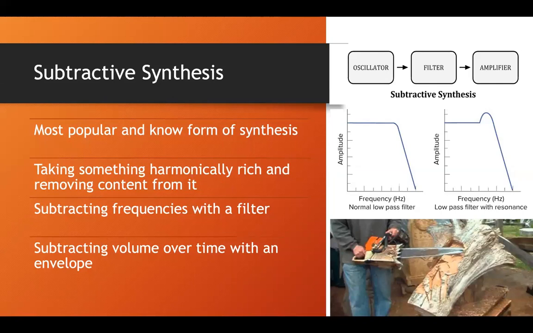So it has some kind of tonal aspect to it, very harmonically rich, like a saw wave. But it doesn't have to be a saw wave, but just for example, since the saw wave is very harmonically rich. And we're going to take that huge band of frequencies that it has, and we're going to subtract some of those frequencies away from it.